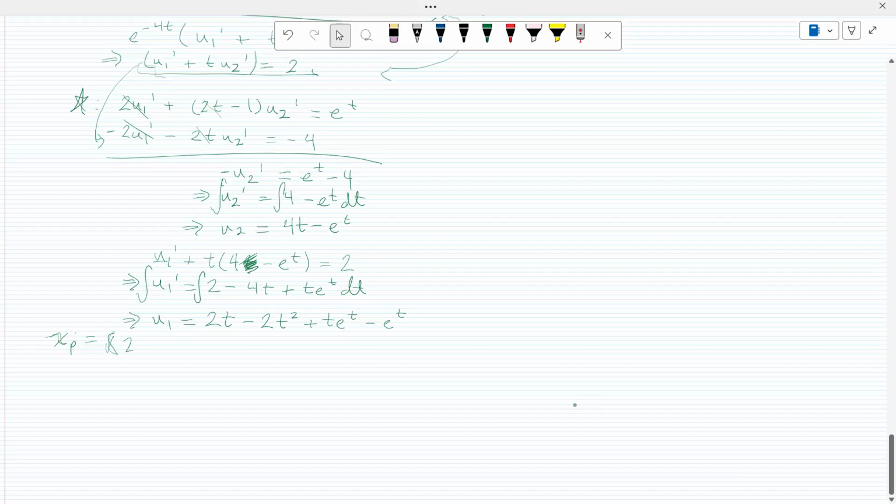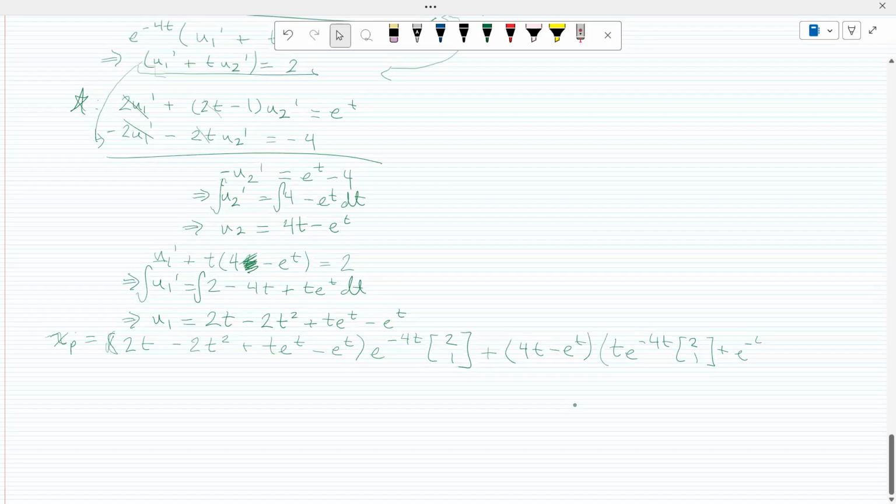It'll be (2t minus 2t squared plus t e to the t minus e to the t) times e to the negative 4t (2, 1) plus (4t minus e to the t) times t e to the negative 4t (2, 1) plus e to the negative 4t (-1, 0).